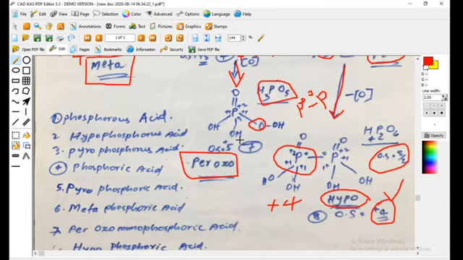The structure is like this, same as phosphoric acid before, but one oxygen is intermediated between phosphorus and the OH group. That's all, very easy this one.